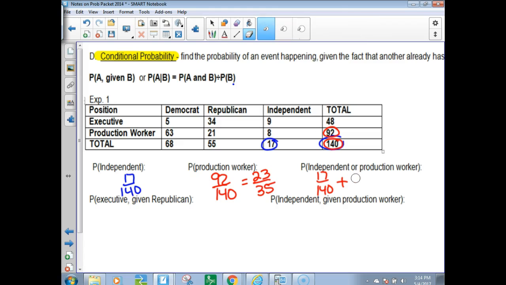See what I'm saying? I'm not going to use the reduced form just because I want my denominators to be common. 92 out of 140 for production worker, but we have to subtract any workers that are both production and independent, which is 8. So I got to take out that 8 out of 140. And I get my final answer of 101 out of 140.